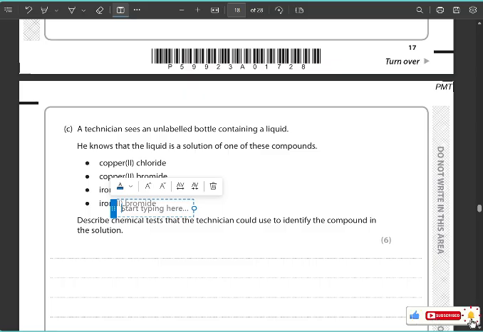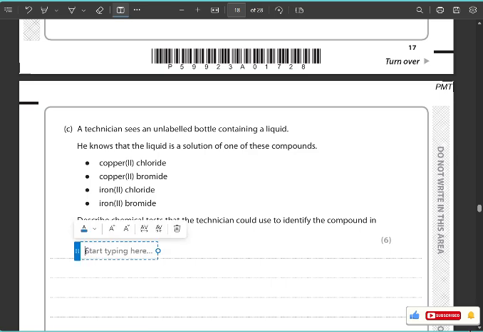First, we should test for the cation. For testing it, the technician should add sodium hydroxide solution.